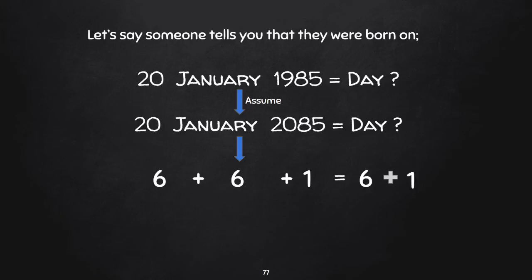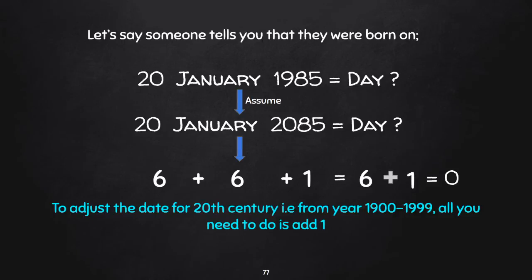That's it. To adjust the date for any 20th century date, that is from year 1900 to 1999, all you need to do is just add an extra 1 and you will get the day of the week for that century.